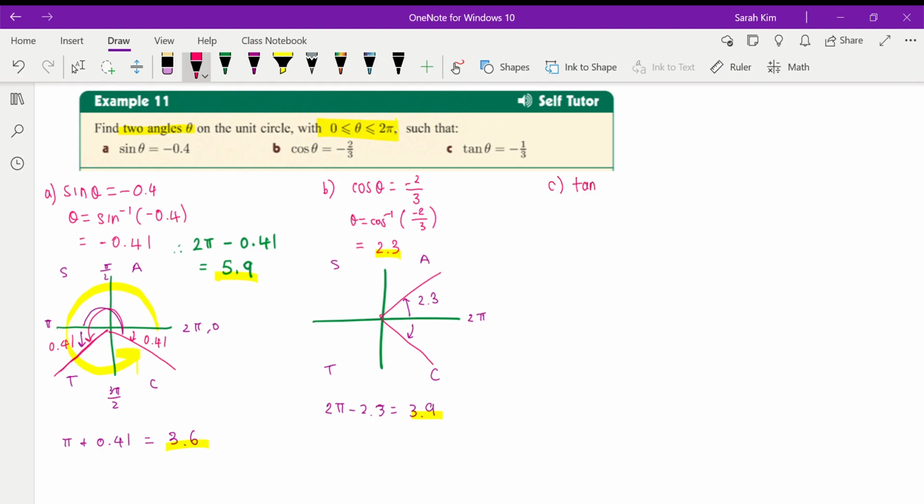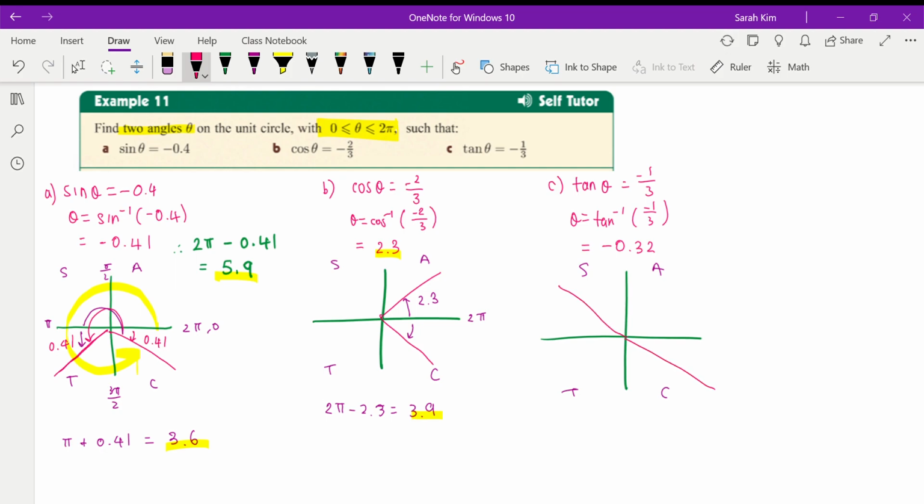C, my tan theta equals minus 1/3. So my theta is inverse tan of minus 1/3, which turns into negative 0.32. So now I have the unit circle. It's a negative tan answer, so it would be over here and over here.